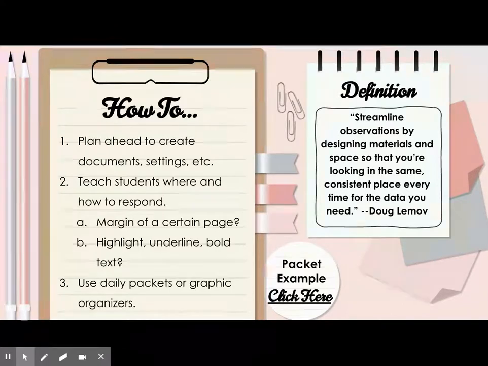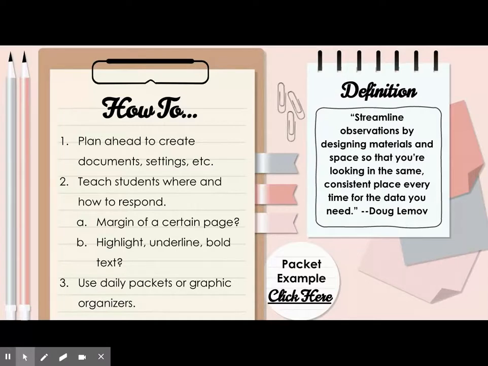So number one, the first thing that you want to do is plan ahead to create documents or settings or whatever it is that you need in your classroom to have those consistent places. So, for instance, in the documents, you might have a specific way that you want students to answer questions in the document or respond to reading in the document.